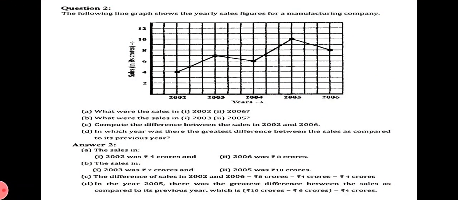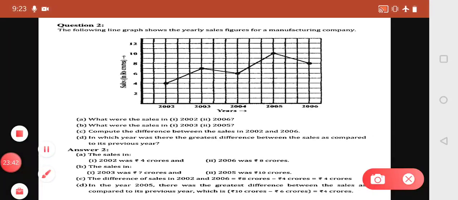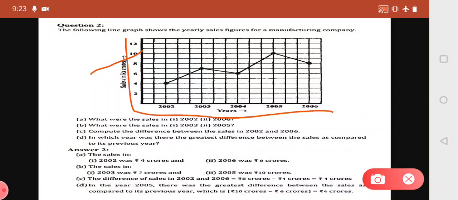Dear students, please copy all this in your regular CW. Yes, in exercise 15.1, don't copy the question of line graphs, meaning the graphs which are given in the questions. This whole graph you will not copy in your CW.